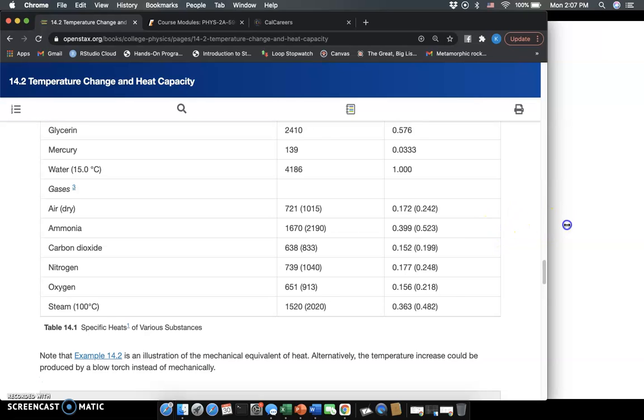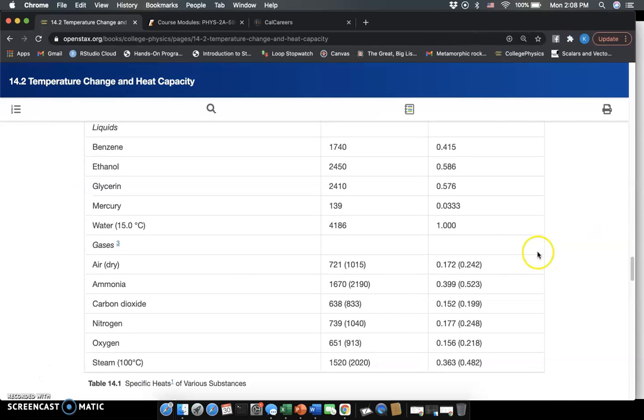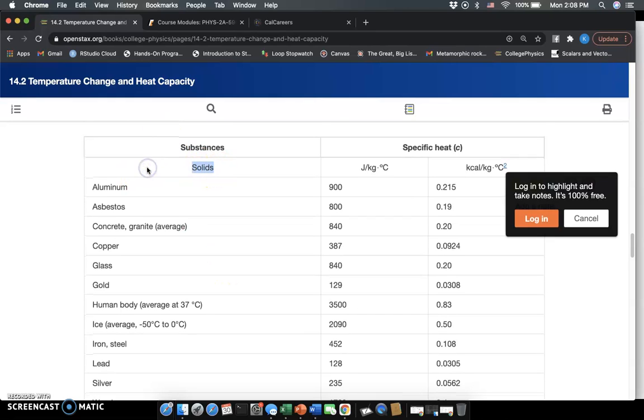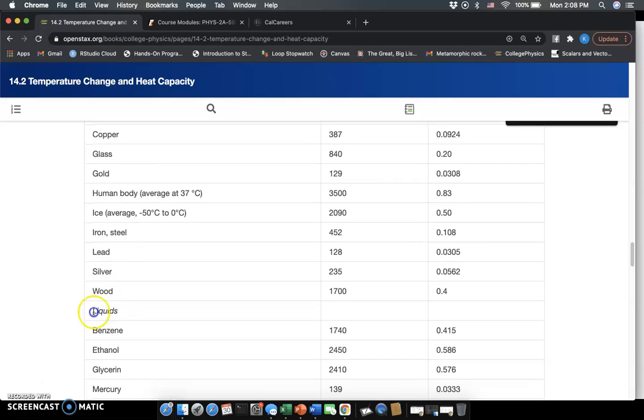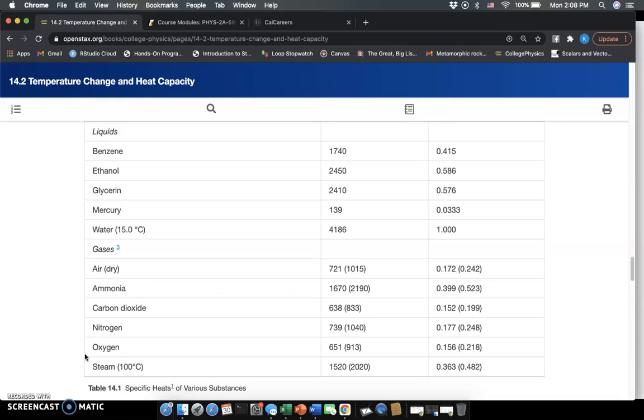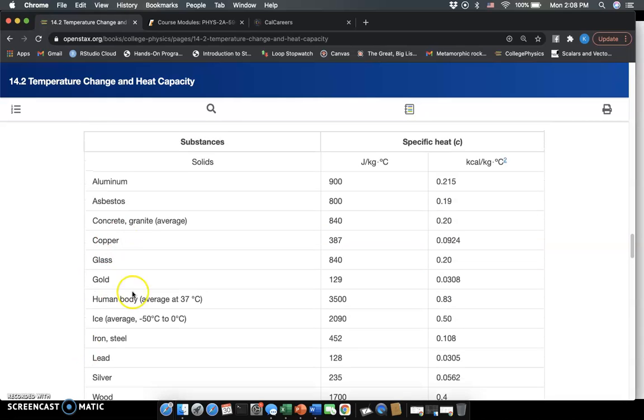Table 14.1 has all of these different substances, and they're separated into solids and liquids, and then gases. In the first one we were looking at water, right?